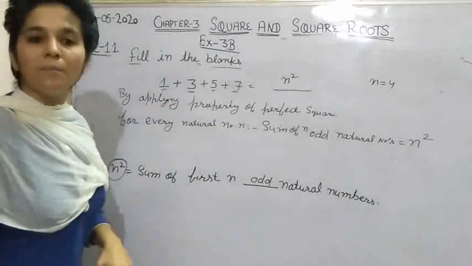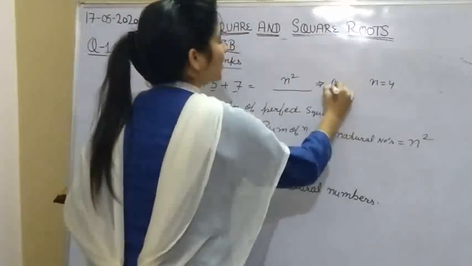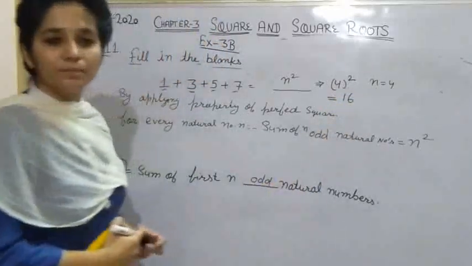How many odd numbers are here? 4. So the value of n is 4 and the result is 4 square, that is equal to 16.